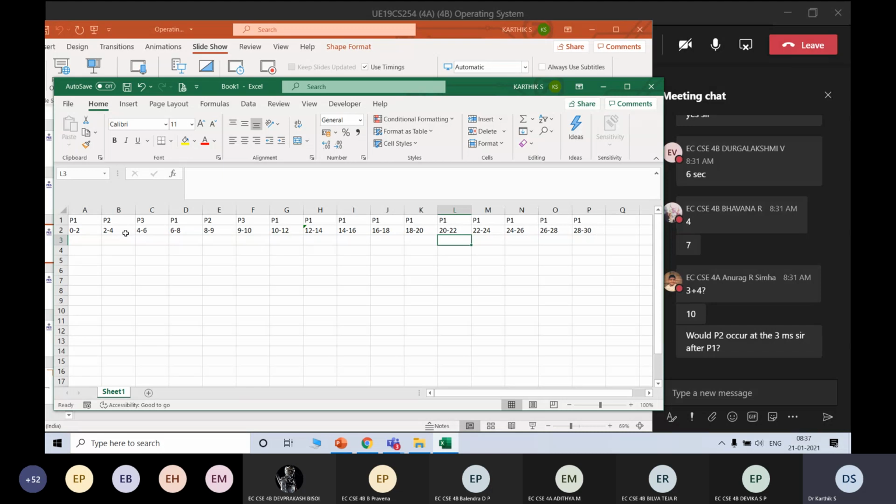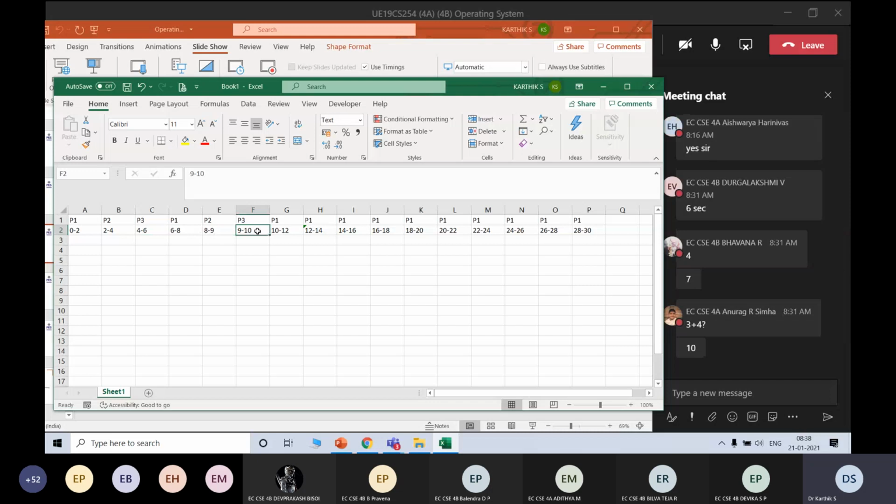Now look at the waiting time of every process. What is the waiting time of P1, P2 and P3? The waiting time of process P1 is 2 plus 2, 4, plus 1 plus 1, so it is 6. The waiting time of process P2 will increase now: first 2 here, and again 2, and again 2, so 6 milliseconds for P2 as well.